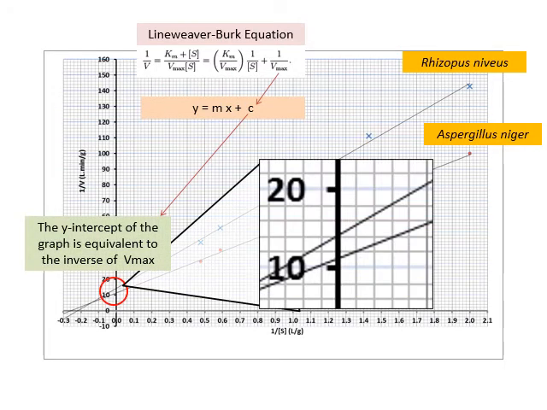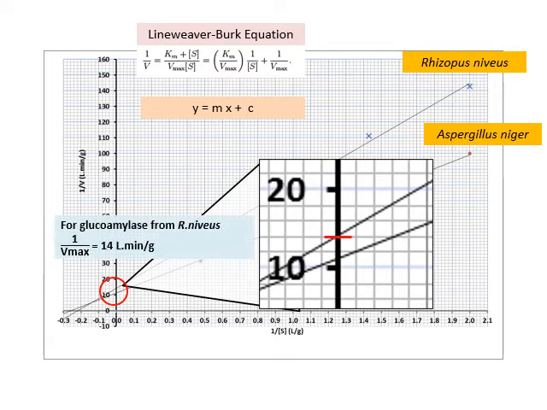Okay, so the y-intercept would be 1 over Vmax. So if we magnify it, this is the answer. You will get the answer for 1 over Vmax for Rhizopus nevus is 14, and for Aspergillus niger Vmax would be, you calculate Vmax as 0.071 because 1 over Vmax is 14, so Vmax is 1 over 14.